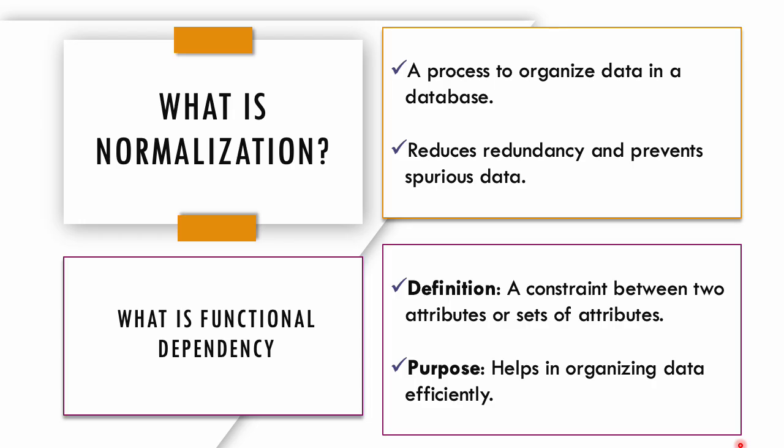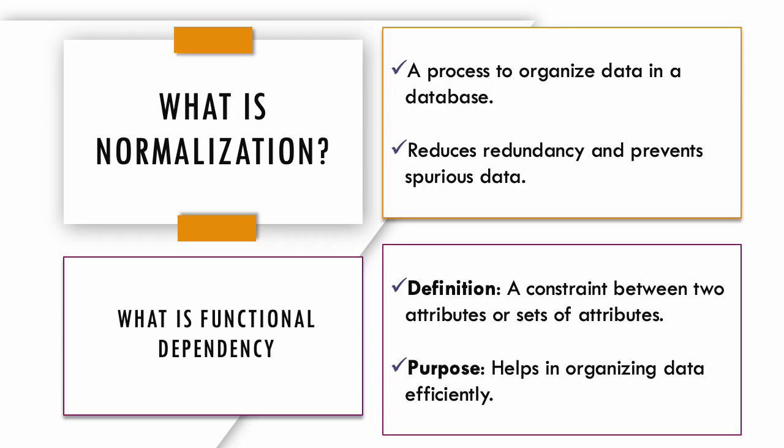So the relationship between these two can be expressed as student ID determines student name. This tells us that knowing the student ID is enough to uniquely determine the student name.